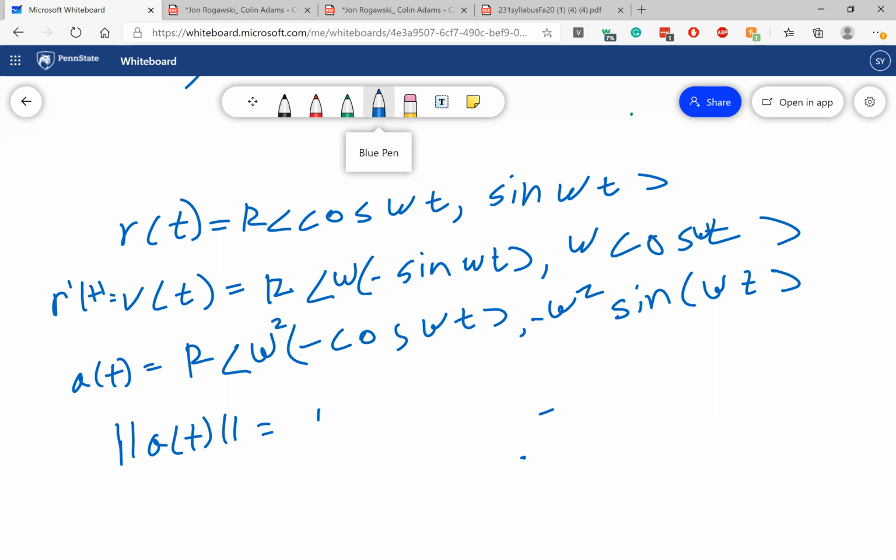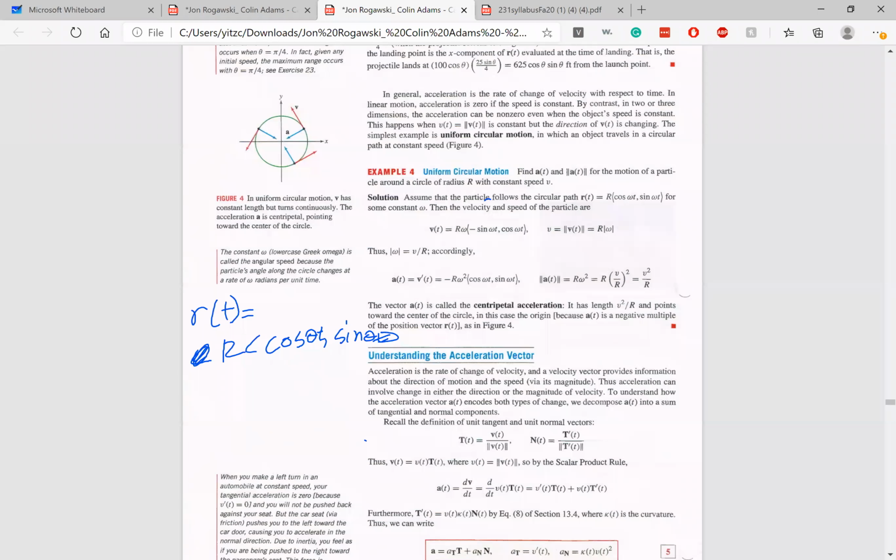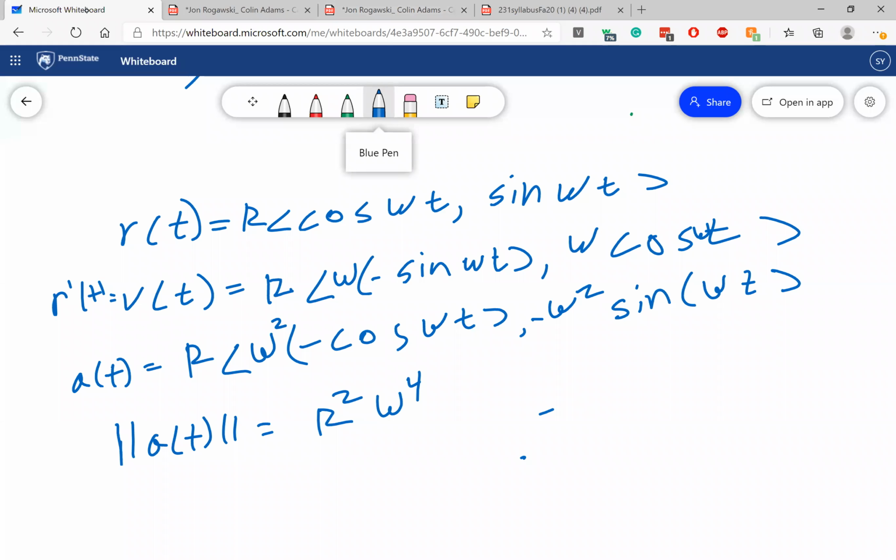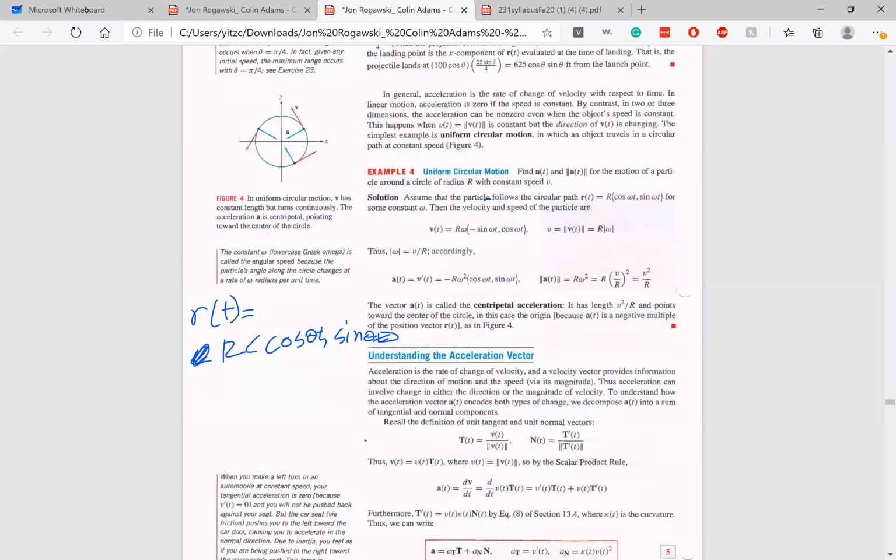So we're going to get r squared omega to the 4th, I think. Let me see. Oh, sorry, because there's a square root. So that's just r omega squared. Okay. Any questions about this?